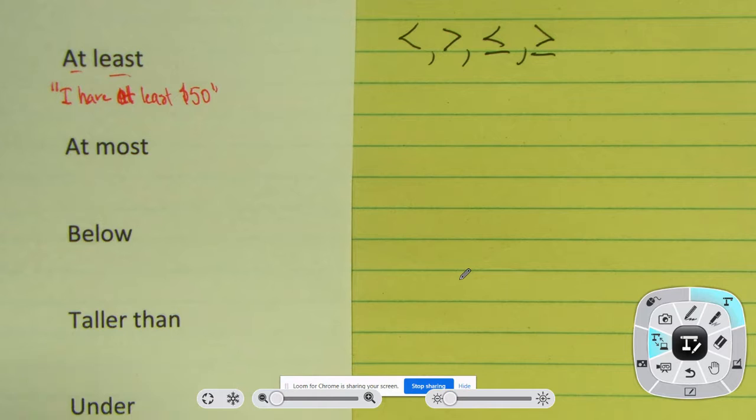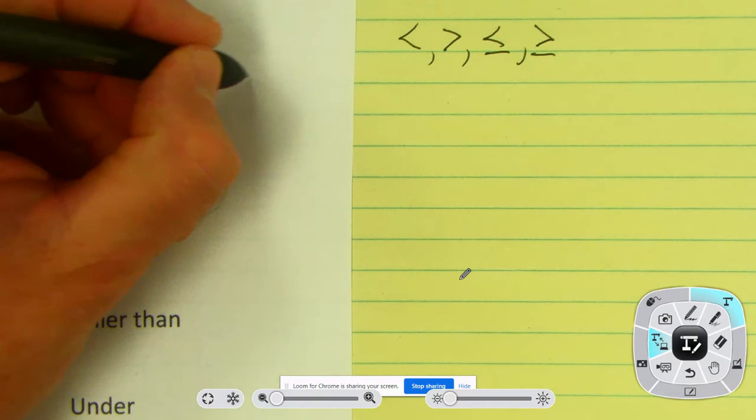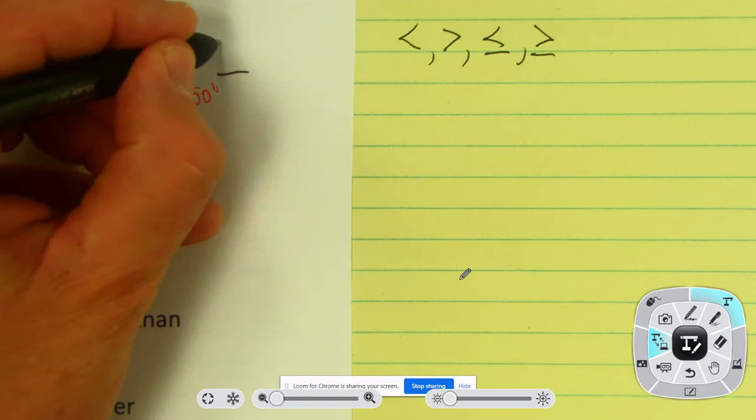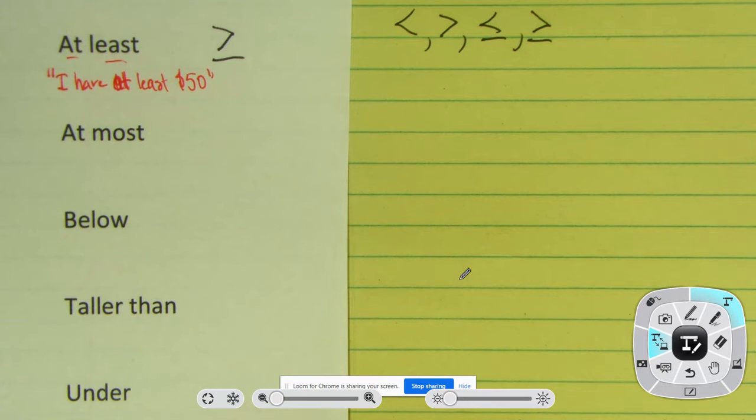So if I have at least $50, it could be equal to $50, or I could have more than that, so I'd have to say it's greater than or equal to. One of the things that we run into, folks will see the word least, and they'll think less than, but it's not that at all. When I say I have at least, I'm saying I have an equal amount or more.